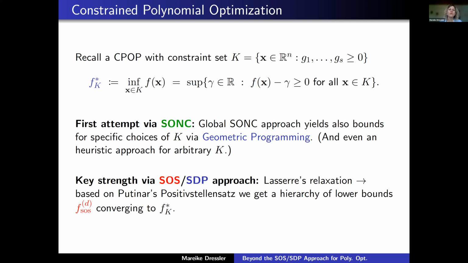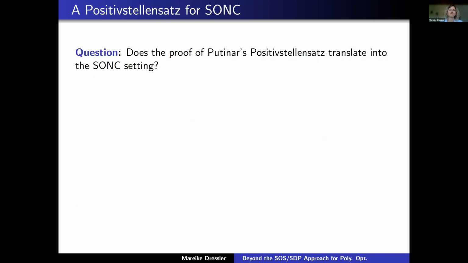So somehow now the idea is to also find such a Positivstellensatz which can be turned into a hierarchy also for this SONC cone. And maybe the first naive idea is, okay, let's take a look at Putinar's Positivstellensatz, take a look at the proof and see if we just can translate this into the SONC setting.